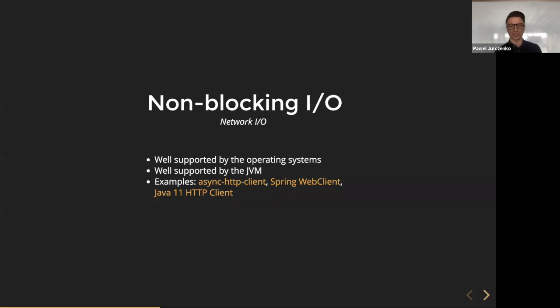For example, we have Async HTTP client, which is quite popular in the world of Scala, I would say. In the world of Java, we have Spring Web Client, and since JDK 11, we also have a non-blocking HTTP client that is part of the JDK itself. So usually not a problem. It's not a problem to perform network calls in a non-blocking manner.